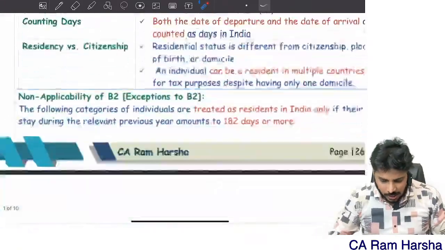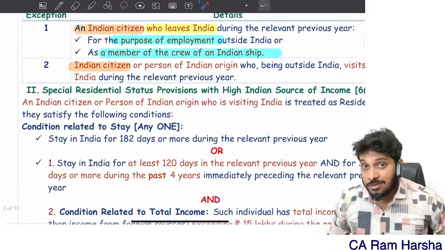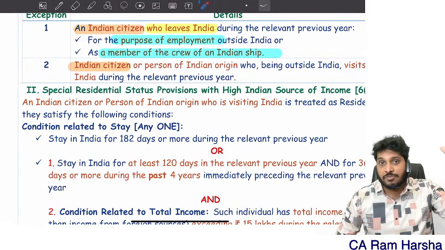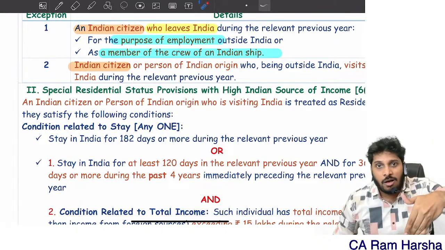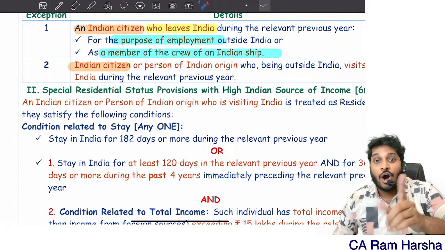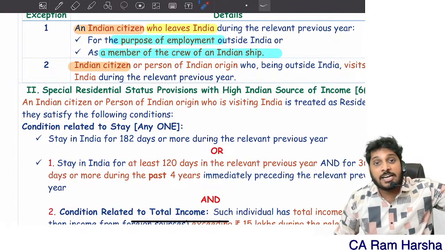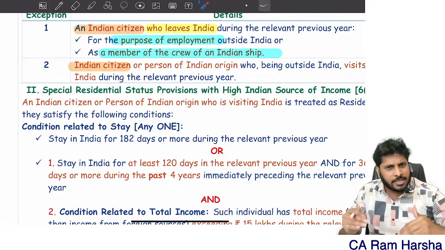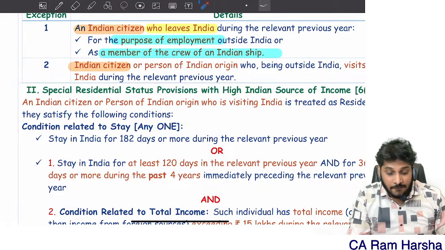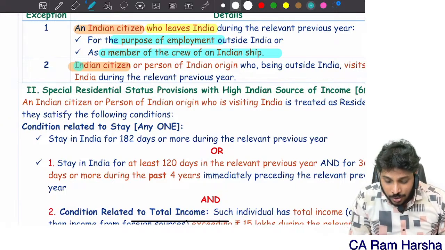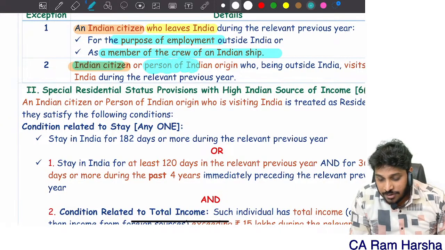Agreed? Now, there is another category. Those who have gone abroad, suppose your friend went abroad for studying, he will visit India later, right? Or your relative who settled abroad, earning very well, will visit to meet his parents and grandparents, right? We call them visitors. Not only an Indian citizen, a person of Indian origin is also covered.